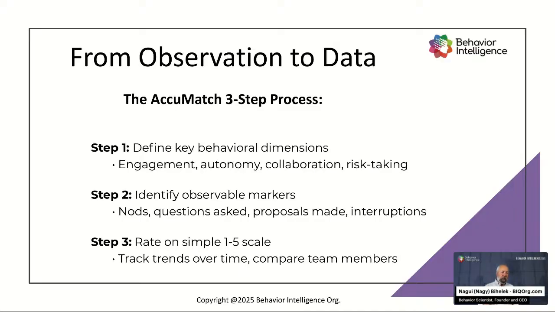So identify a specific behavior. It could be autonomy, collaboration, risk management, whatever it is, you need to pick one. Then identify the observable markers. So what does it look like to be engaged to you, right?